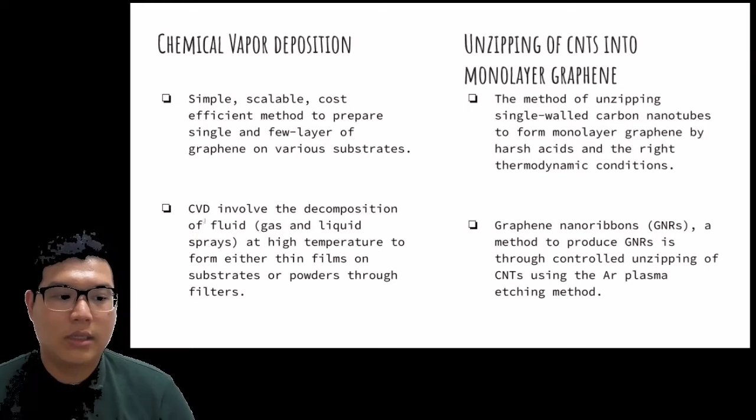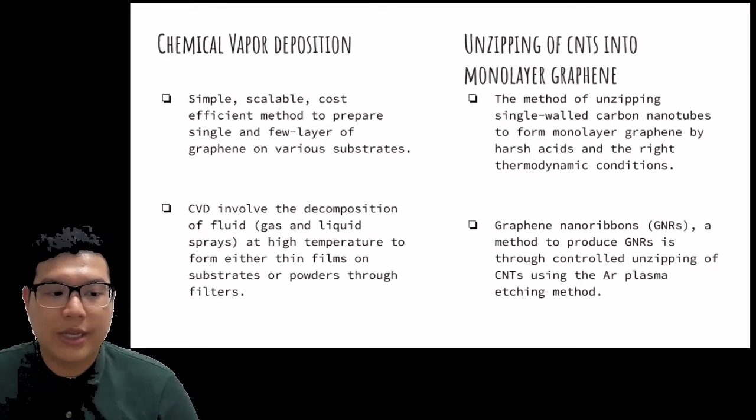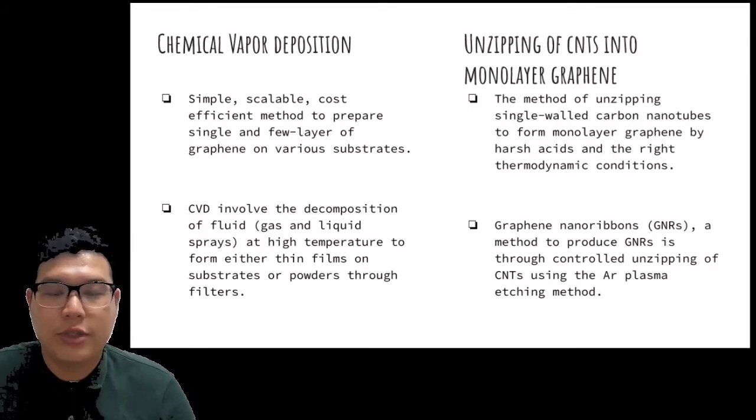CVD synthesis of graphene can be carried out at ambient pressure or vacuum by systematically varying parameters such as gas composition and flow rate, temperature, and deposition time.